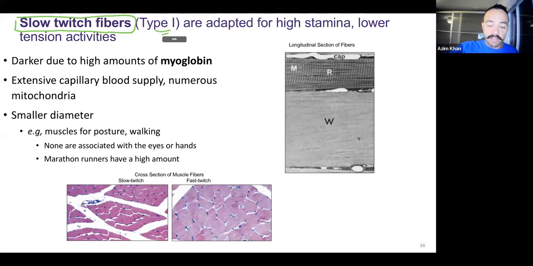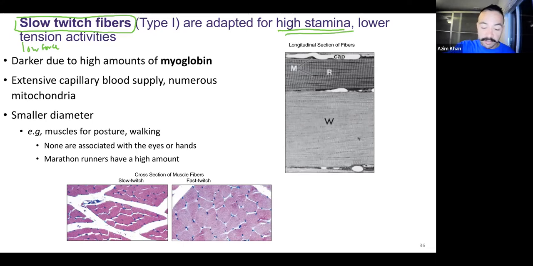You might see them called type 1. I'm going to call them slow twitch. Slow twitch muscle fibers are adapted for high endurance, high stamina things that don't require as much force. That's what I mean by low tension. Functionally, they're different. And of course, structure is related to function.